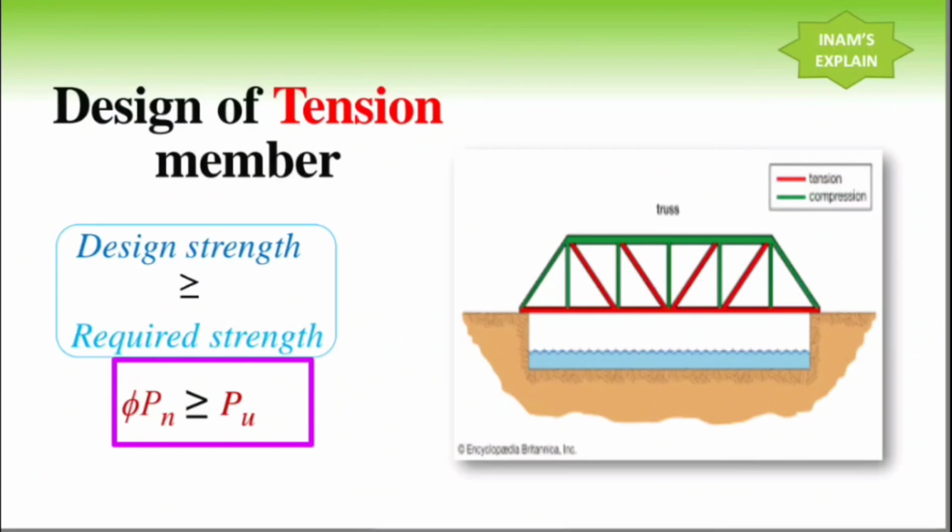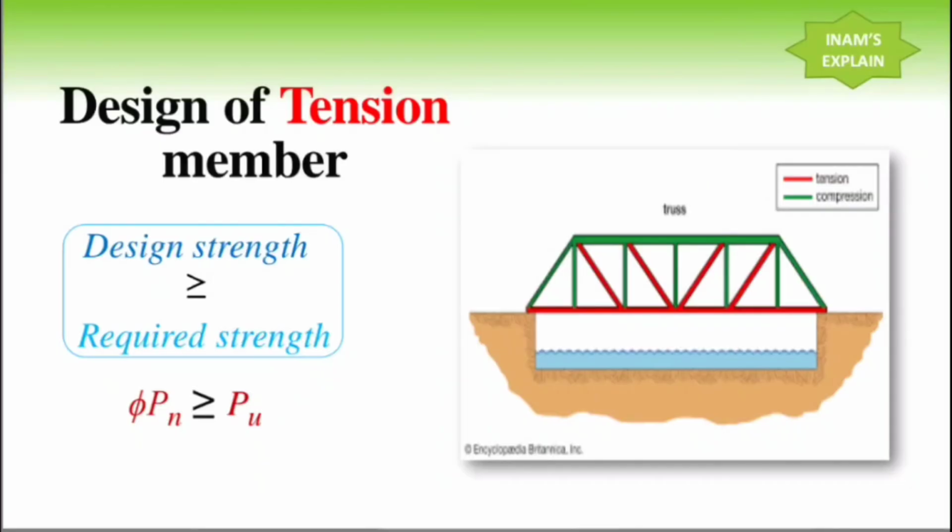We are also satisfying this design equation in the design of truss members, in compression and in tension. So our motive is to find these terms. First we will find the nominal strength Pn and the reduction factor for the truss, which is calculated by different software or by manual calculation, as we did in Structure Analysis 1 and 2.